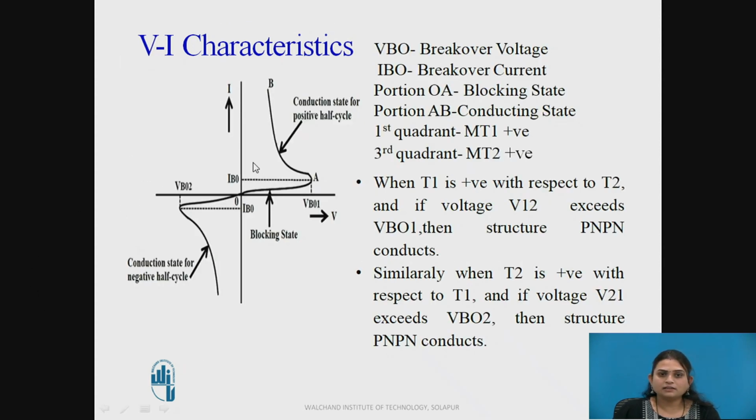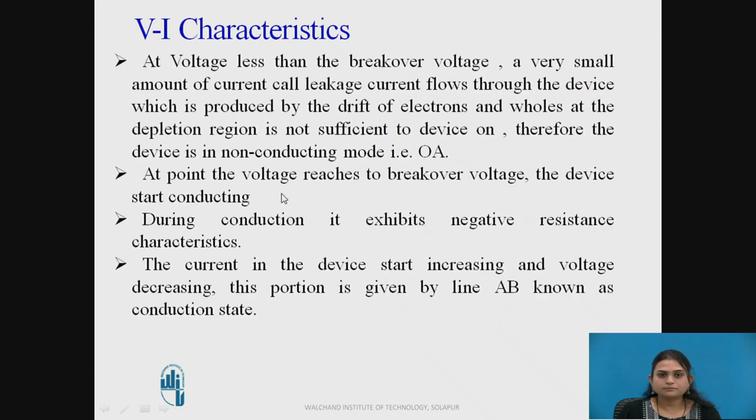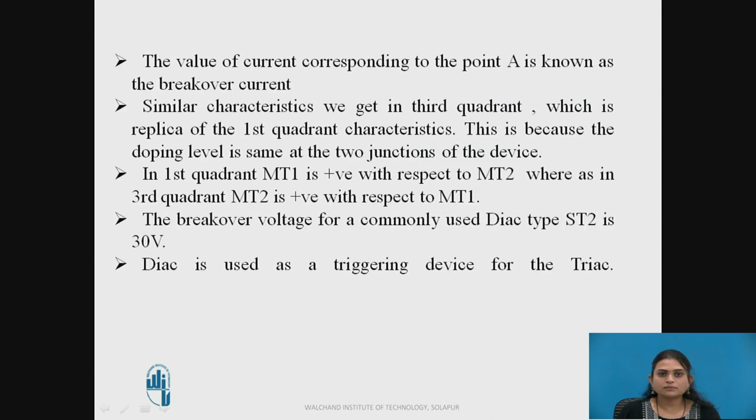We can see here that the OA portion is non-conducting and AB is the conducting state. The value of the current corresponding to point A is known as the breakover current. Similar characteristics we get in the third quadrant also, which is a replica of the first quadrant characteristics.